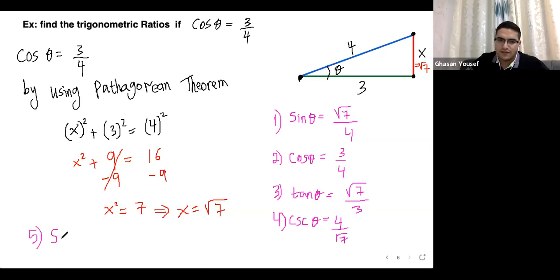Taking the reciprocal of 3 over 4 gives 4 over 3. And the last one is the cotan of theta, the reciprocal of the tan. Square root of 7 over 3 becomes 3 over square root of 7.